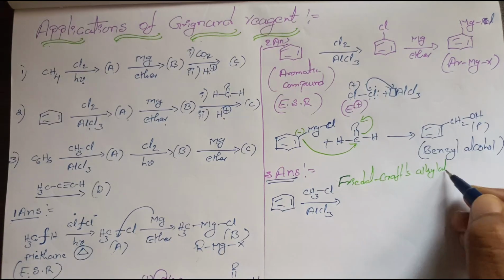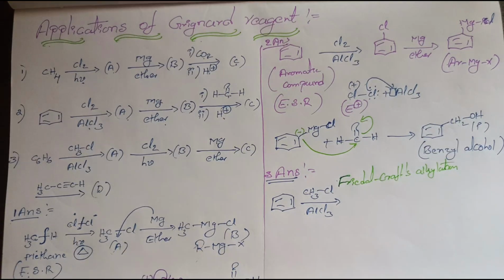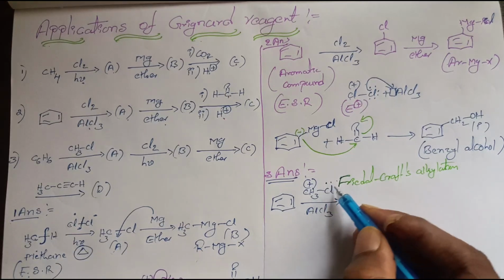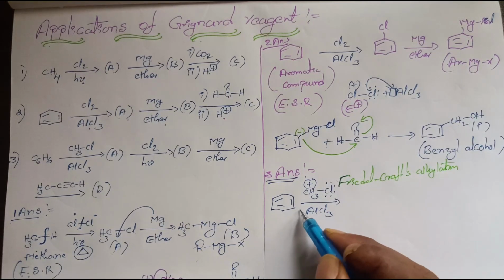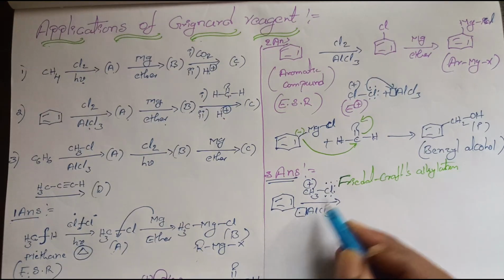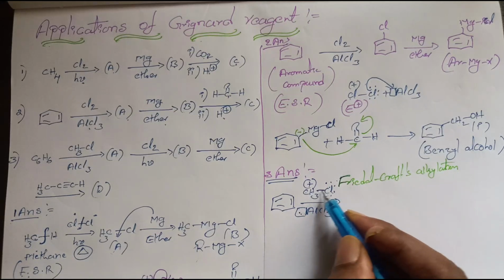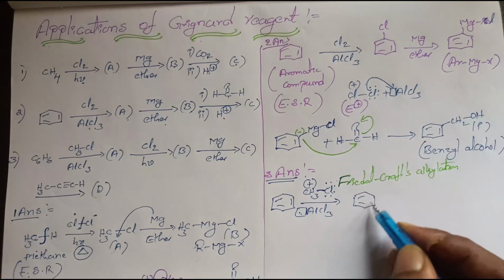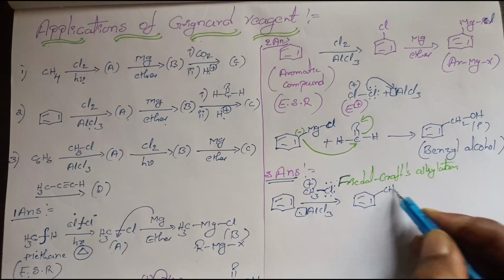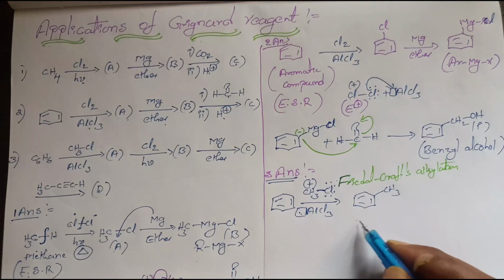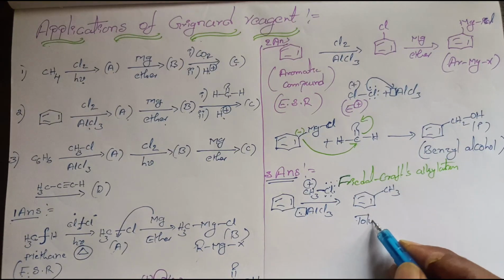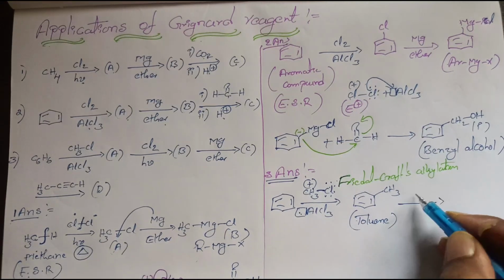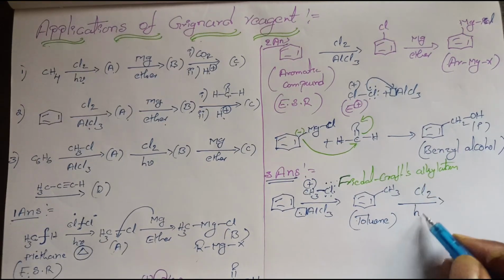In the Friedel-Crafts alkylation, the electrophile here is CH3 plus. Cl acts as a Lewis base, AlCl3 is a Lewis acid, lone pair donation occurs, and the bond breaks, so CH3 exists as CH3 plus, which attacks the benzene ring. Now here methylbenzene, which is toluene, is generated.